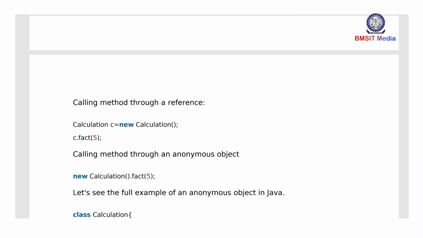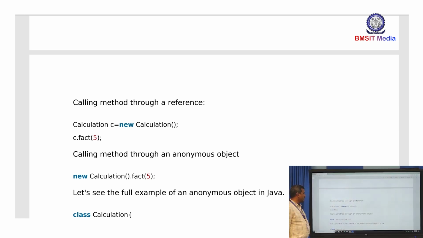Calculation C is equal to new Calculation, and to call the fact method we use the dot operator, as in C dot fact of 5, where 5 is passed as a parameter.